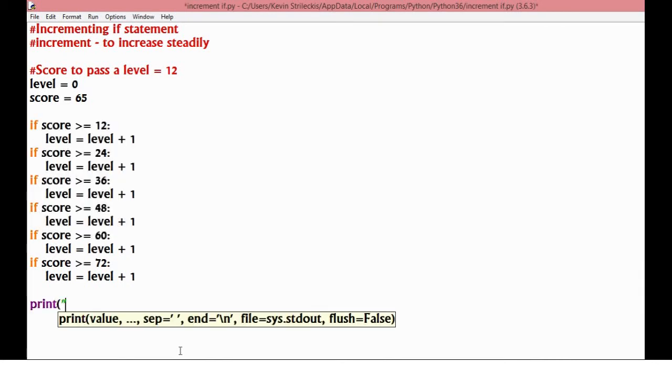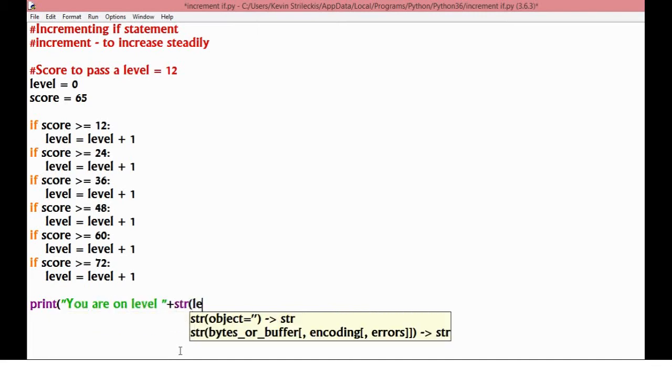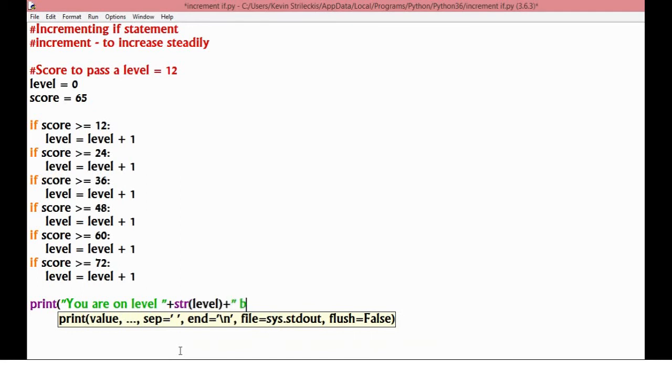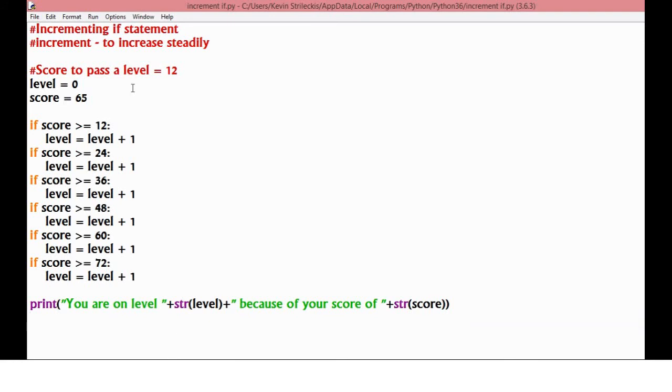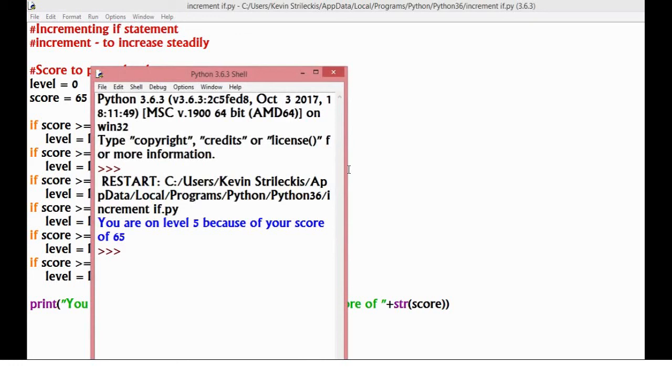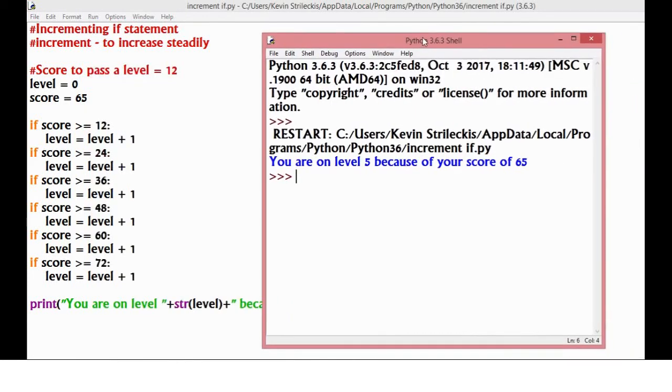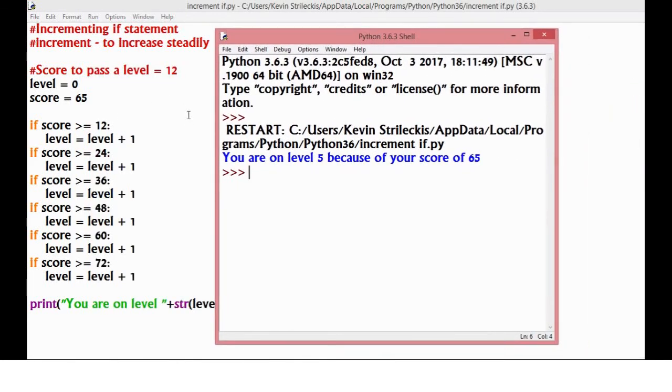If we get to the end of this, we would say you are on level 5 because of your score of 65. Now if we were to run that, it would tell us that we're on level 5. So that right there is the idea of the incrementing if statement, where we want to continue making conditions happen as we go on.